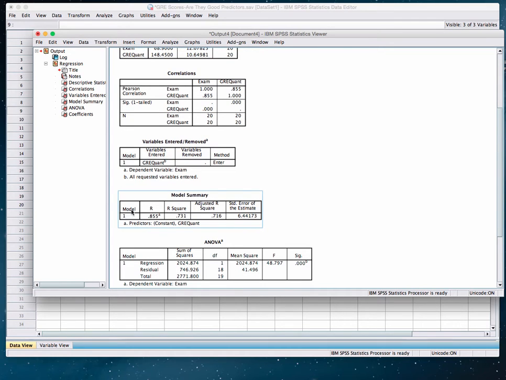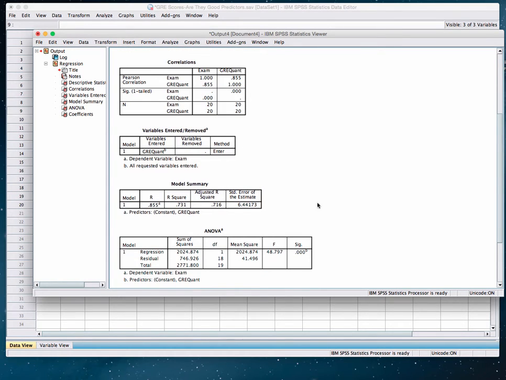If I go to the model summary, you can see that because it's a bivariate linear regression, the R is the same as the Pearson correlation here. But then the R square is 0.731. So 73% of the variability in final exam scores from Educational Statistics 1 is explained by GRE quantitative scores.